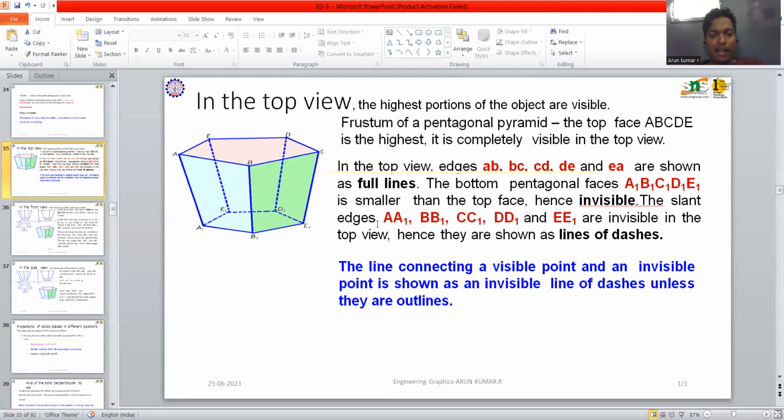The slant edges AA1, BB1, CC1, DD1, and EE1 are hidden in the top view, hence they are shown in dashed line. A line connecting a visible point and an invisible point is shown as an invisible dashed line unless it is an outline.